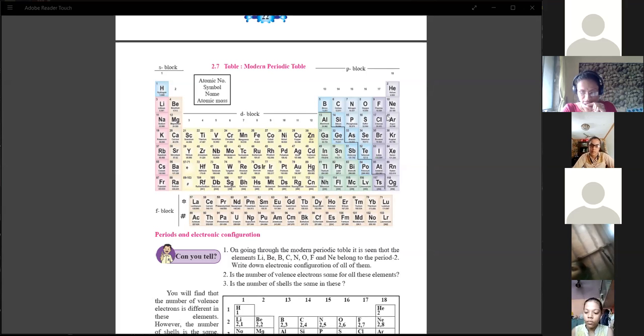The atomic number increases one by one, that is 3, 4, 5, 6, 7, 8, 9, 10, 11, 12 like this. Therefore, atomic radius decreases, and atomic size gradually decreases.